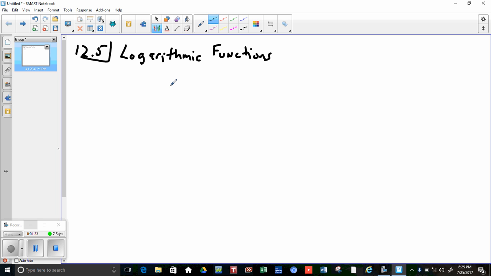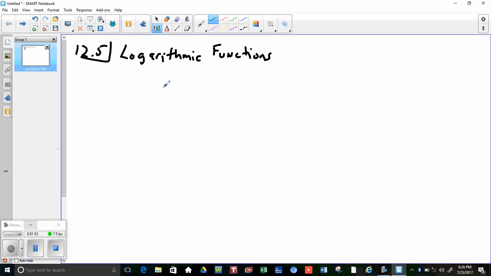All right, so logarithmic functions. So you may have heard of these before in the past. And what I really want to get across to you guys here is that a lot of people have a really difficult time with logs. I'm hopefully going to try and make this a little bit easier for you.